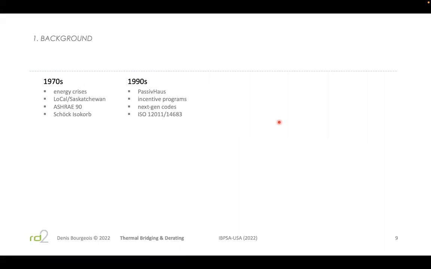You start seeing, either from Switzerland or Germany, eventually the requirements start congealing into the ISO standards 12011 or 14683. They concern direct thermal bridging. This follows through into the European Union's EPBD initiative, so that would be around 2008 and since then, throughout the decades. And so these are performance-based energy codes, and thermal bridging is a requirement: thermal bridging mitigation and modeling.